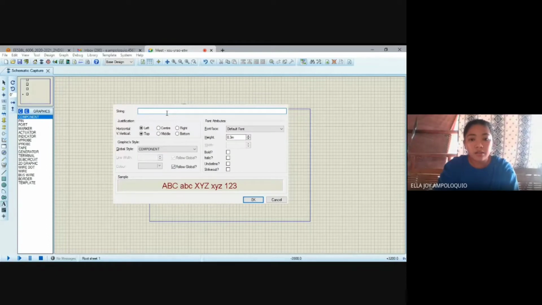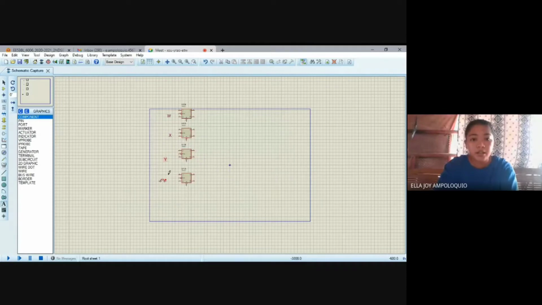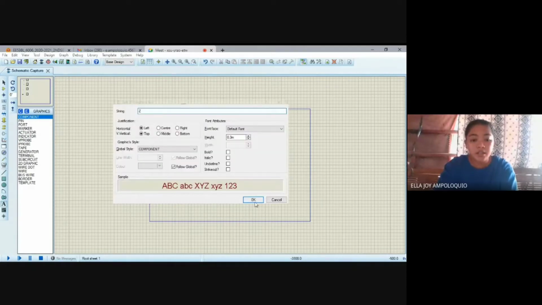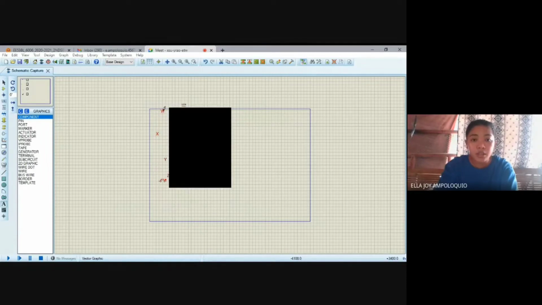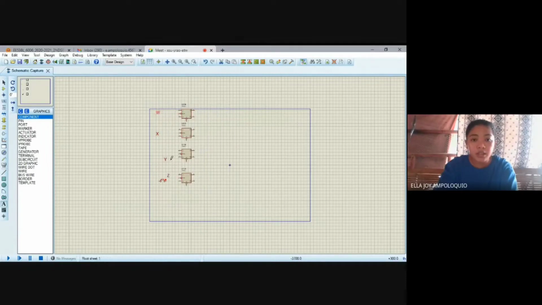It is W, then X, then Y, Z. Then I will arrange this. For me to easily identify, I will put the letters here.